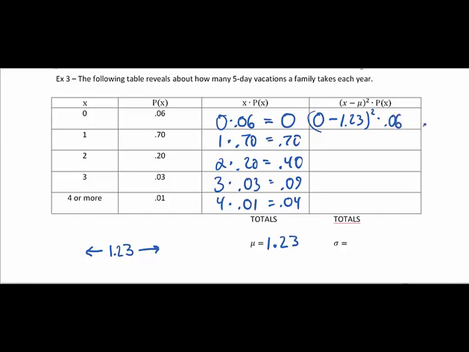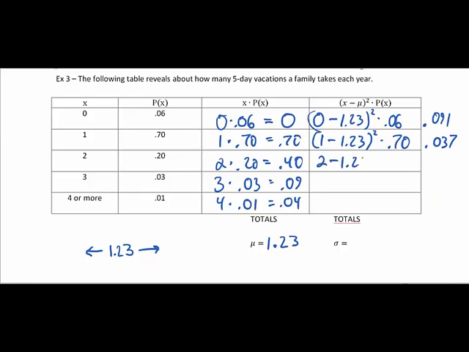If I do that correctly, I get 0.091, or 91 thousandths. Okay, for the next one, 1 minus 1.23, square it, multiply by the chance of this happening, 0.70, we get 0.037. And we're going to be adding all these for the total column here, but let's keep going.